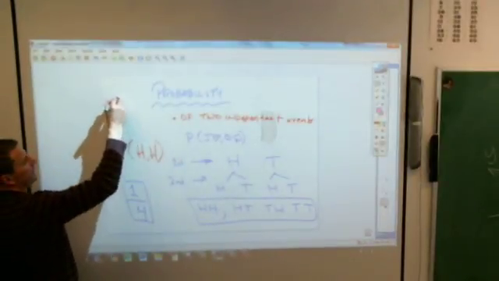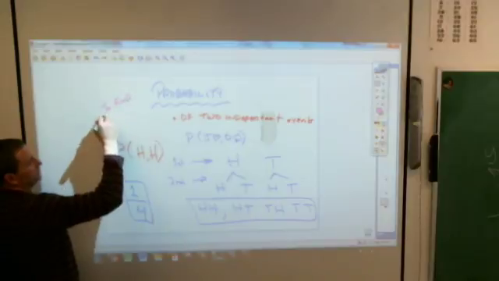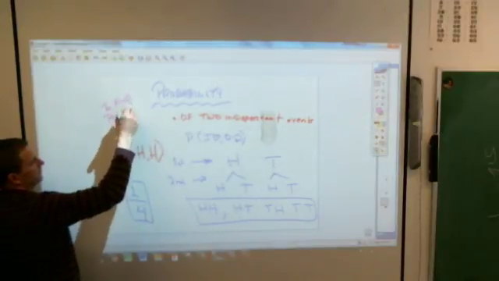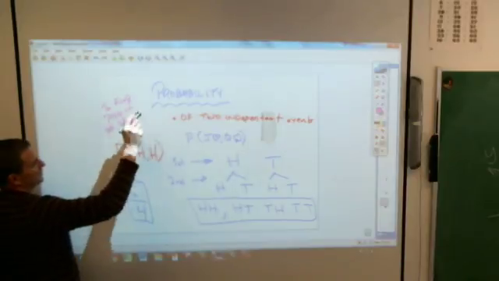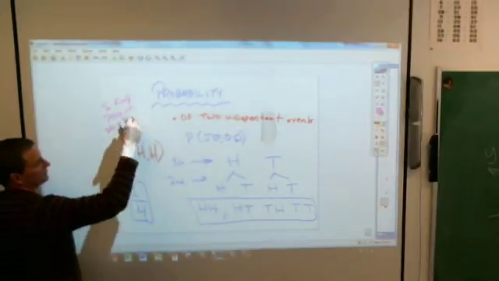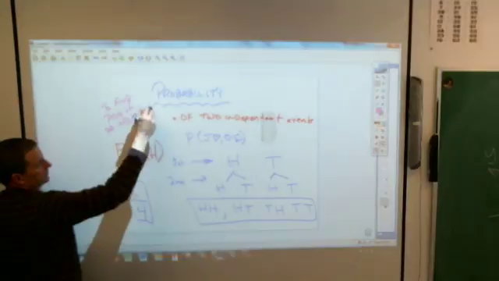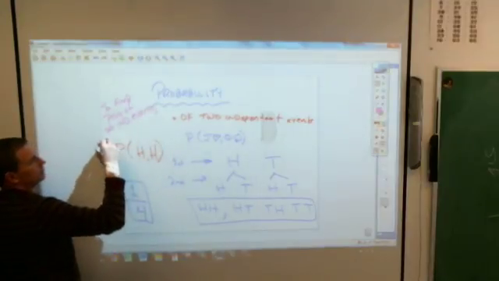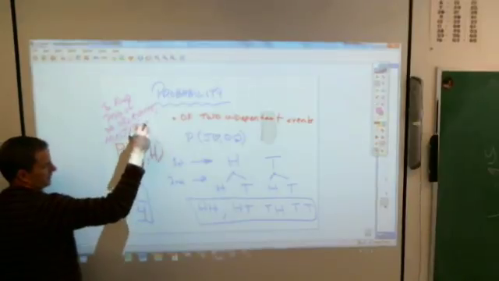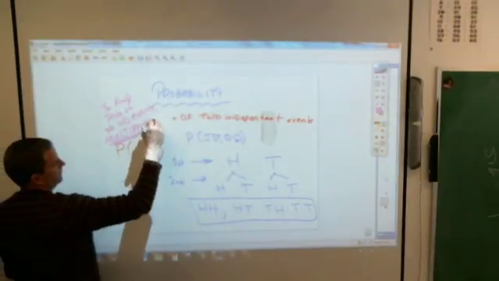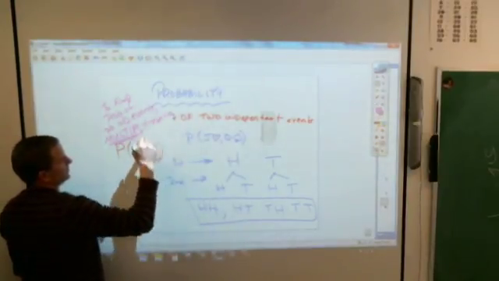To find the probability of two independent events, and we'll talk more about independent later, just write it down, comma, here's the key word, you multiply their individual probabilities together.